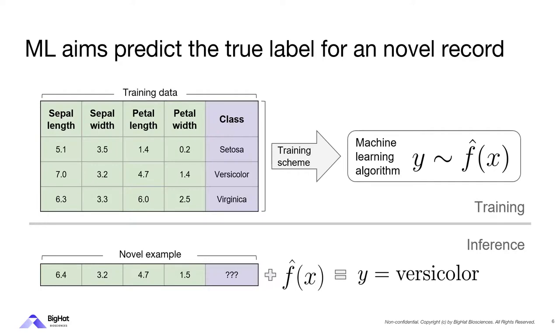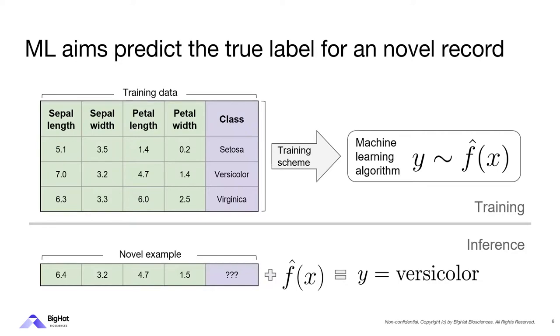So the key question for most machine learning algorithms is, how do you construct this function f-hat? What you're doing is essentially training the machine learning algorithm on a subset of your data frame that I described earlier, where you're feeding it pairs of the values x, here the vector of 4 values, and the known class that's been determined for that.